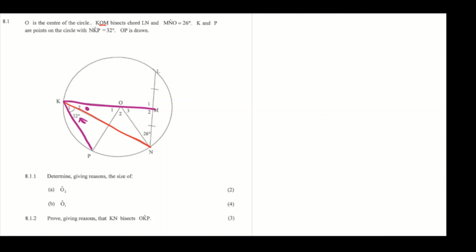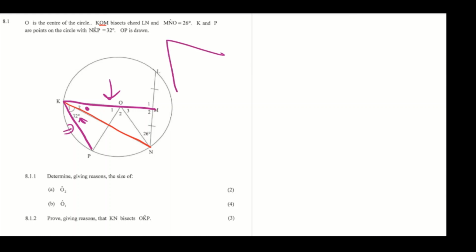Once we find 32 degrees here, then we know that this line KN bisects the angle K1 plus K2. So that's how we identify if a line bisects an angle. It splits one angle into two equal parts.